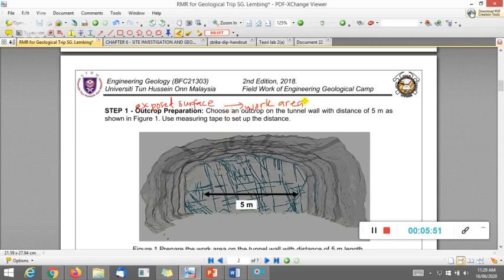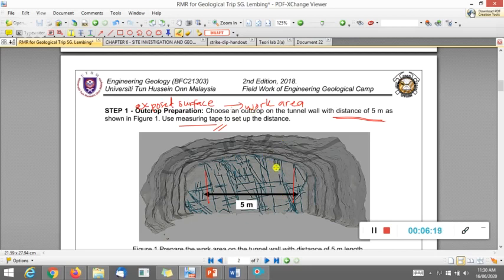You need to measure a distance of about 5 meters, and measure all discontinuities within these 5 meters. That's why you need a measuring tape. If you use a ruler, it would be exhausting. So it's easy to use a measuring tape.